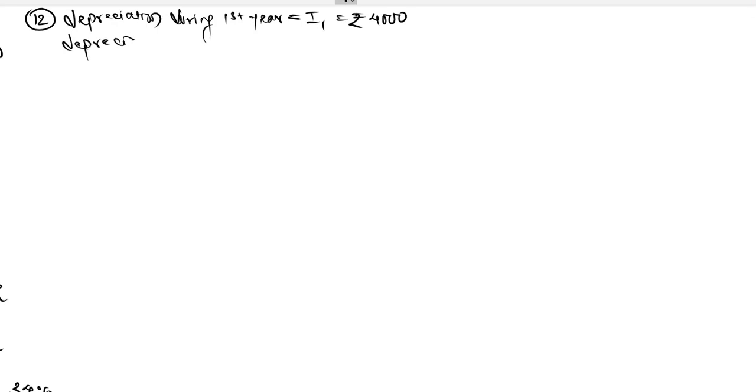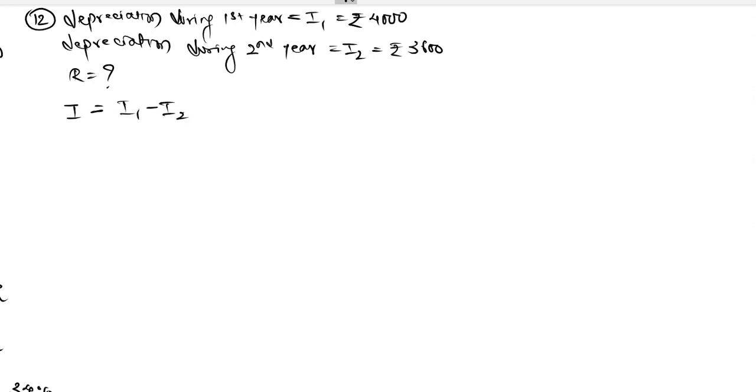Depreciation during the second year, let's take it as I2, which is rupees 3,600, and we have to find the rate of depreciation, right? So I will be the difference of depreciation, that is I1 minus I2 over here, 4,000 minus 3,600, rupees 400.